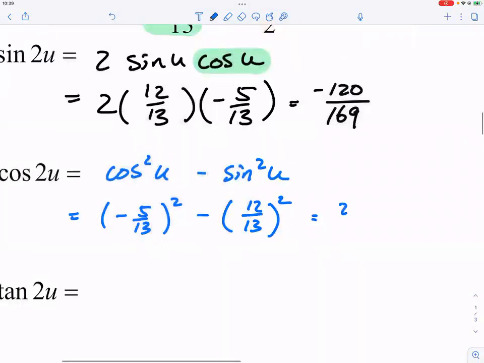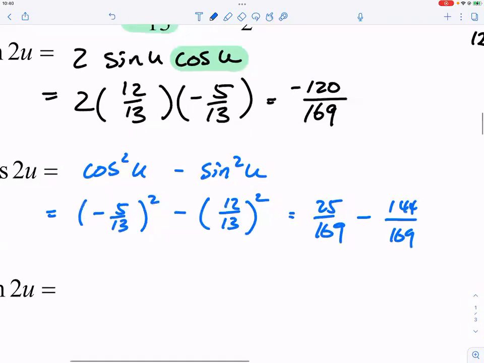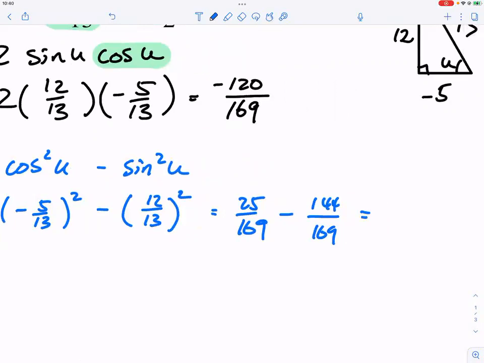So that should give me 25/169 minus 144/169, and that is negative 119/169.